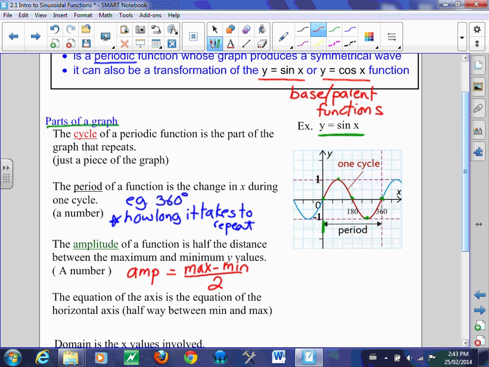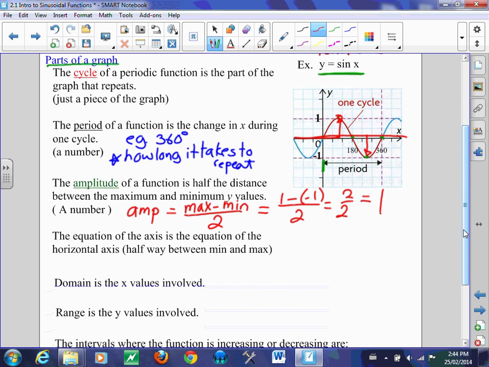In this graph, the maximum is 1, so it's 1 subtract our min, which is -1, divided by 2. That becomes 2 over 2. So in this case, ladies and gentlemen, the amplitude is going to equal 1. From the axis, which is right here, it goes up 1 for its maximum, and it goes down 1 to its minimum.